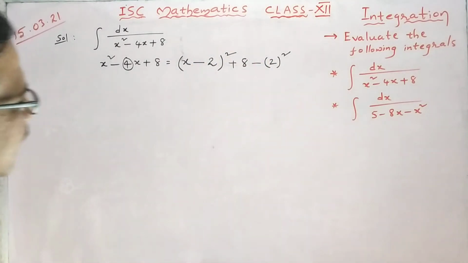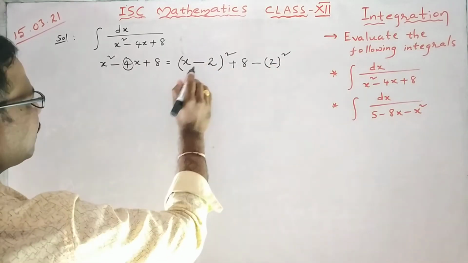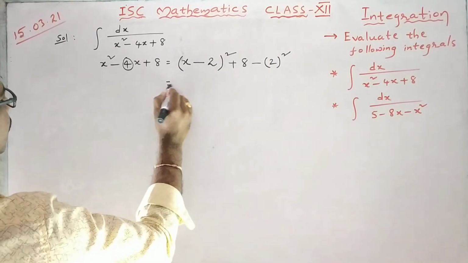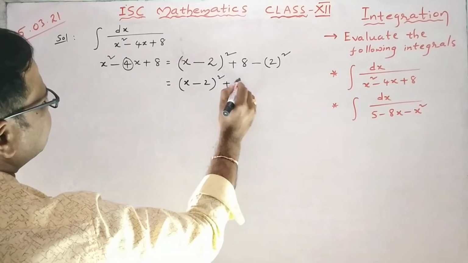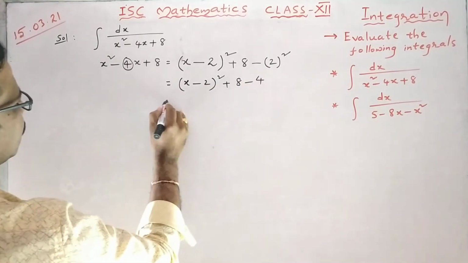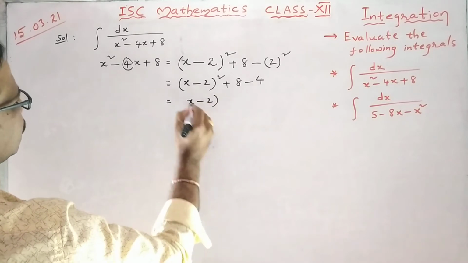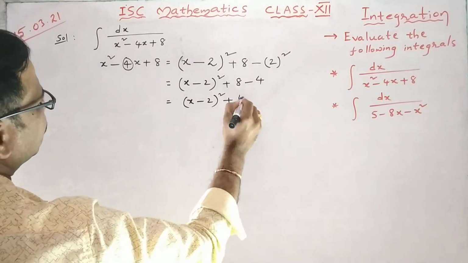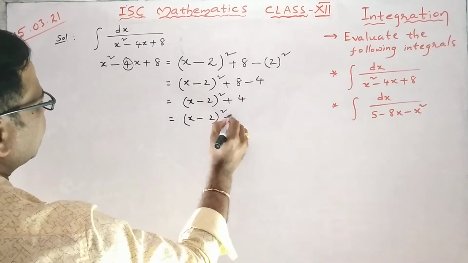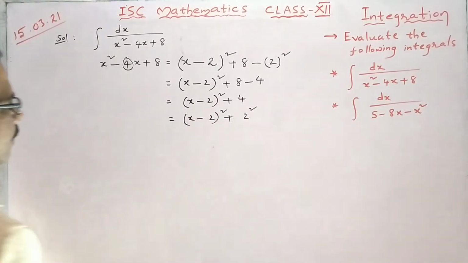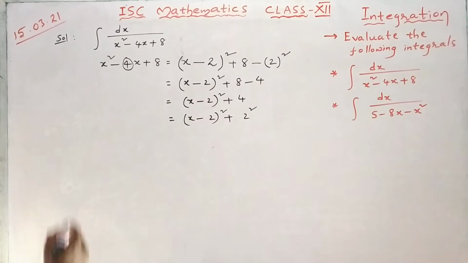If you simplify this, plus 8 minus 4, so x minus 2 whole square plus 4. I can write 4 as 2 square. Now you can write easily.